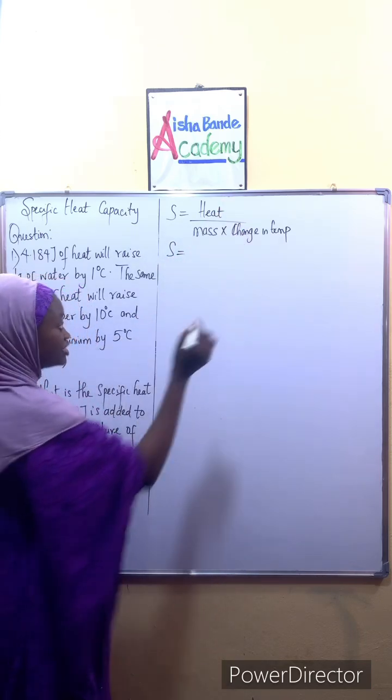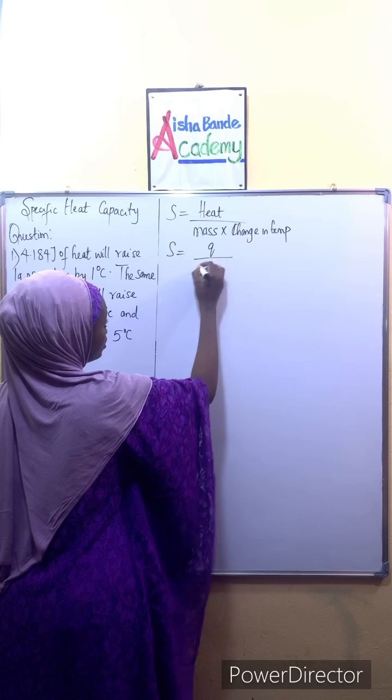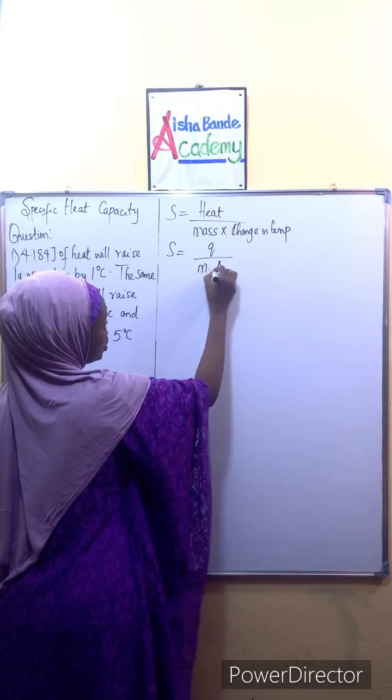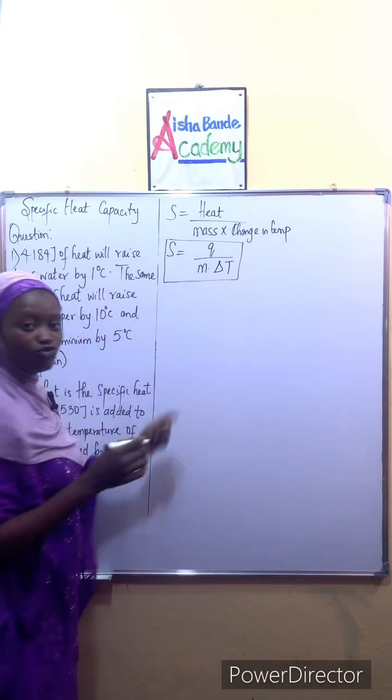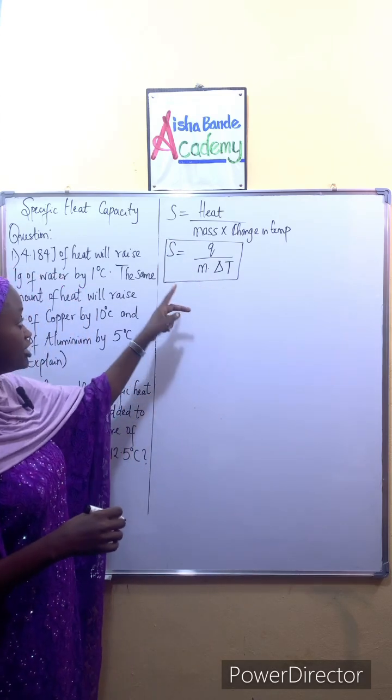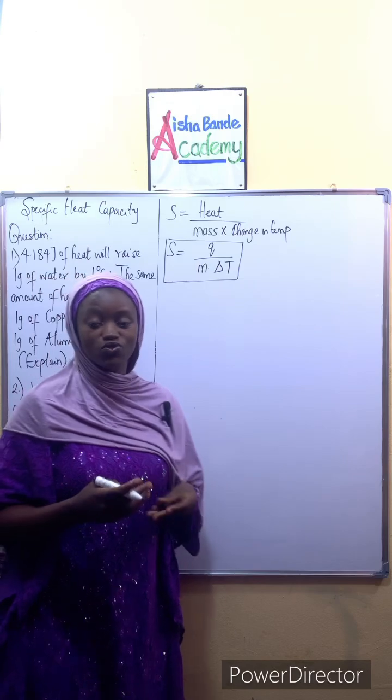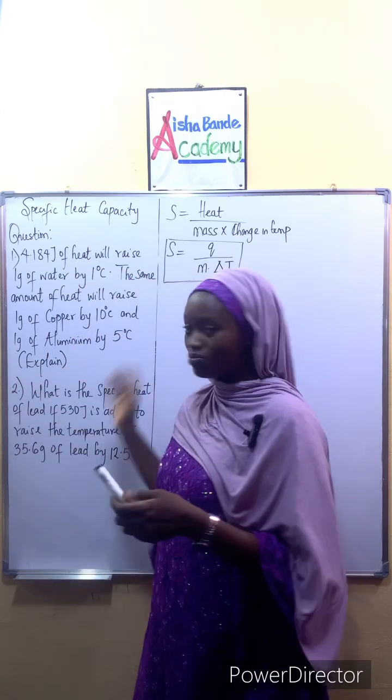Heat is given as the letter Q, so S = Q / (m × ΔT). This formula is what will guide us in solving some problems.